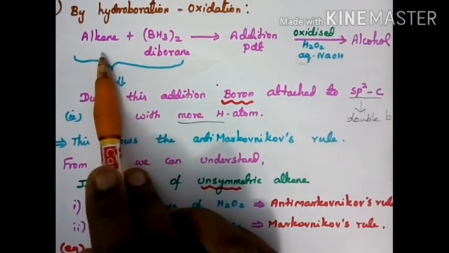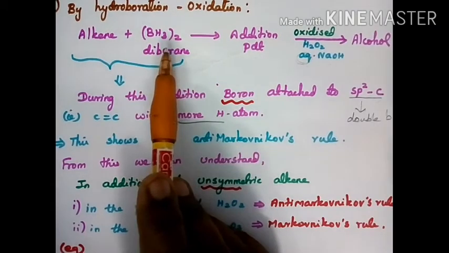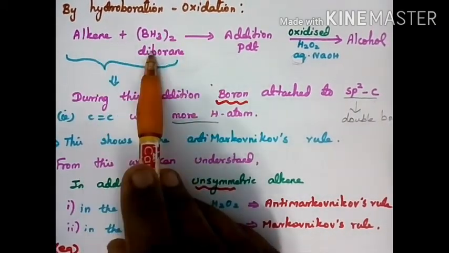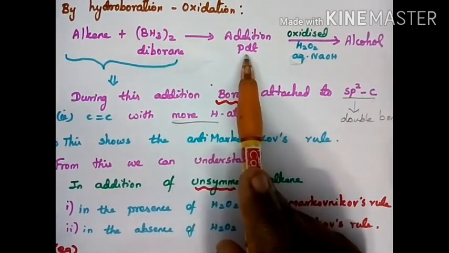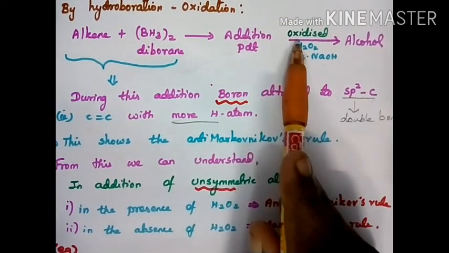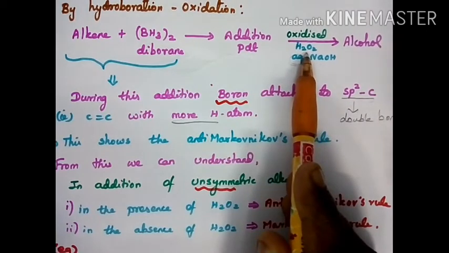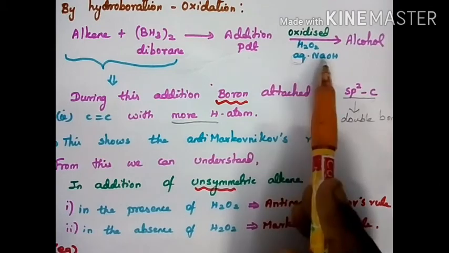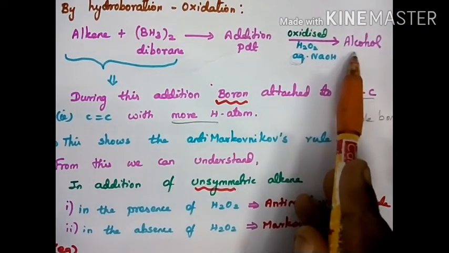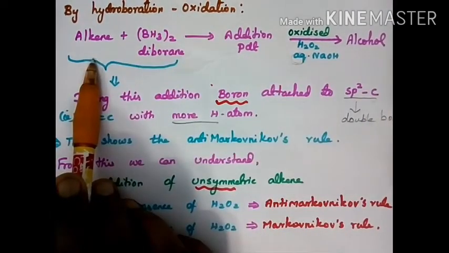So alkene with diborane, in an addition reaction, forms an addition product which is further oxidized using hydrogen peroxide in aqueous NaOH. It forms alcohol. This is the reaction we are going to see.